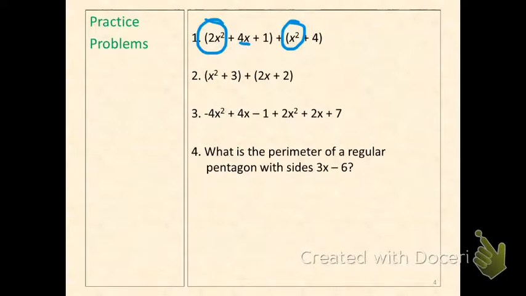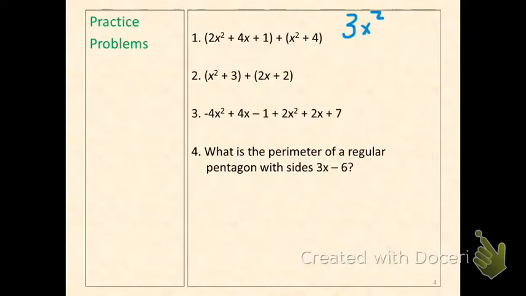This does not have that square up there. That has no x's, that has no x's. So I do 2 plus, there's only one there. That gives me 3x squared. So the first part of my answer is 3x squared.